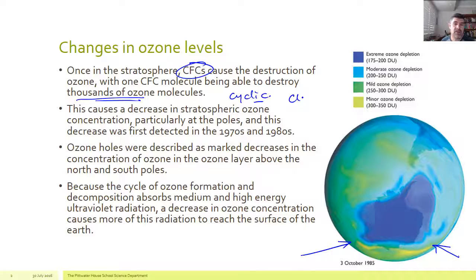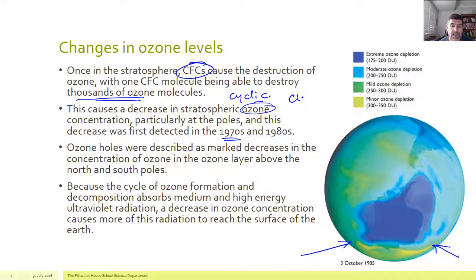The problem was a decrease in stratospheric ozone, and ozone in the troposphere is a problem because it's a pollutant, but in the stratosphere it's very, very important because it provides that barrier for the Earth against certain types of ultraviolet radiation, particularly B and C. And so concentrations, particularly at the poles, were decreasing, and this was first detected in the 1970s and 80s.